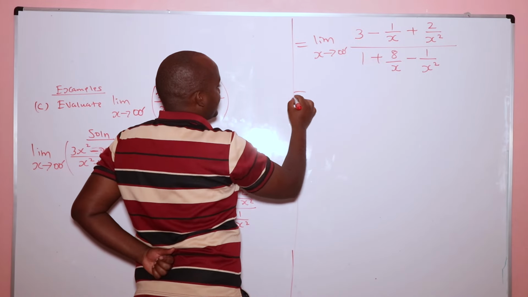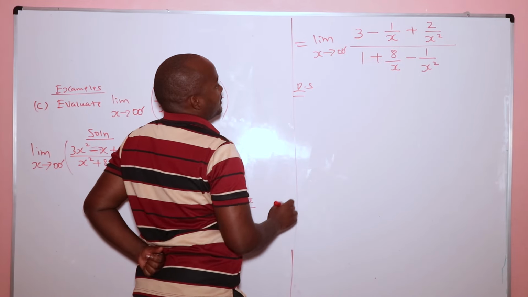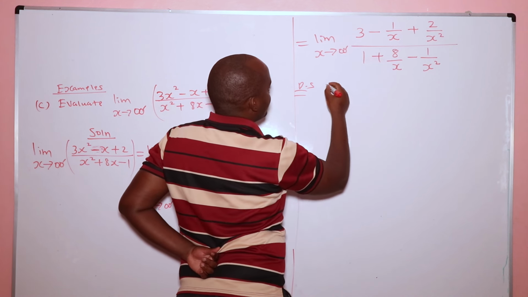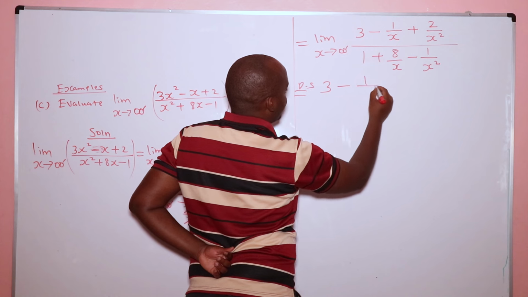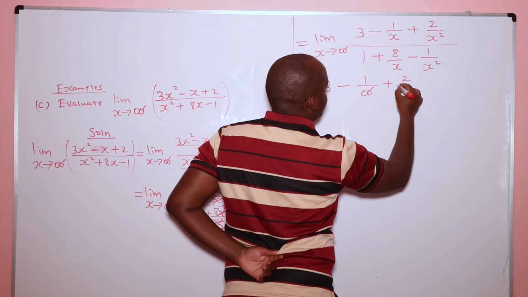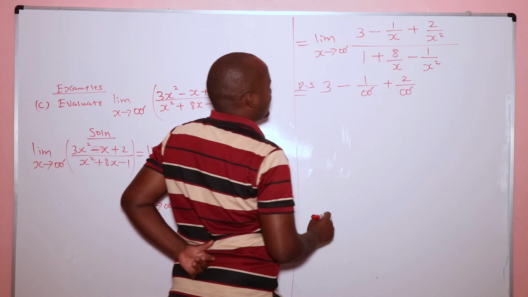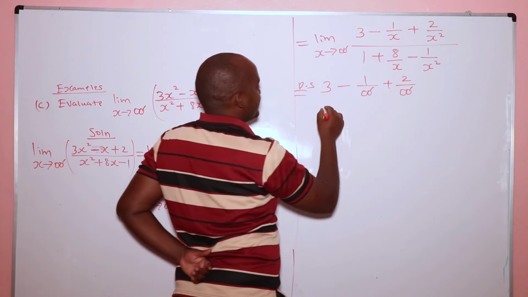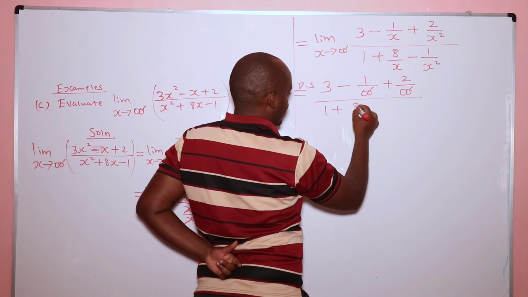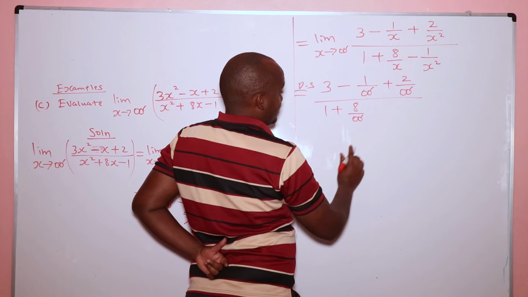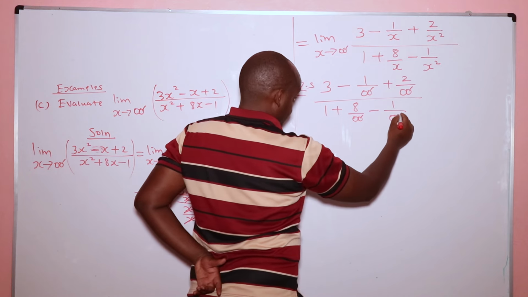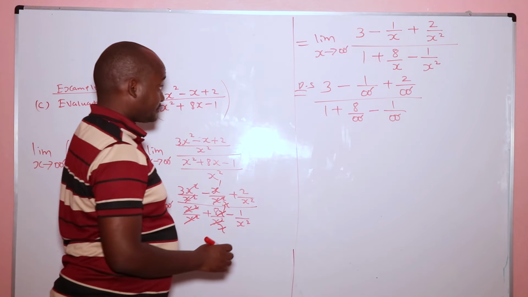By direct substitution, whenever we have x, we replace it with infinity. So this will be 3 minus 1 over infinity plus 2 divided by infinity, because infinity squared you still get infinity, over 1 plus 8 over infinity minus 1 over infinity squared, which is just infinity.